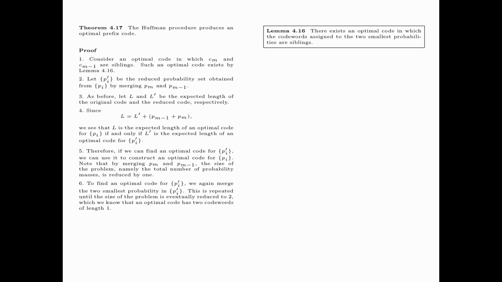To find an optimal code for {p_i'}, we again merge the two smallest probabilities in {p_i'}. This is repeated until the size of the problem is eventually reduced to 2. That is, the probability set has only 2 probability masses. In this case, we know how to solve the problem because an optimal code has 2 code words of length 1, regardless of the values of the probabilities.